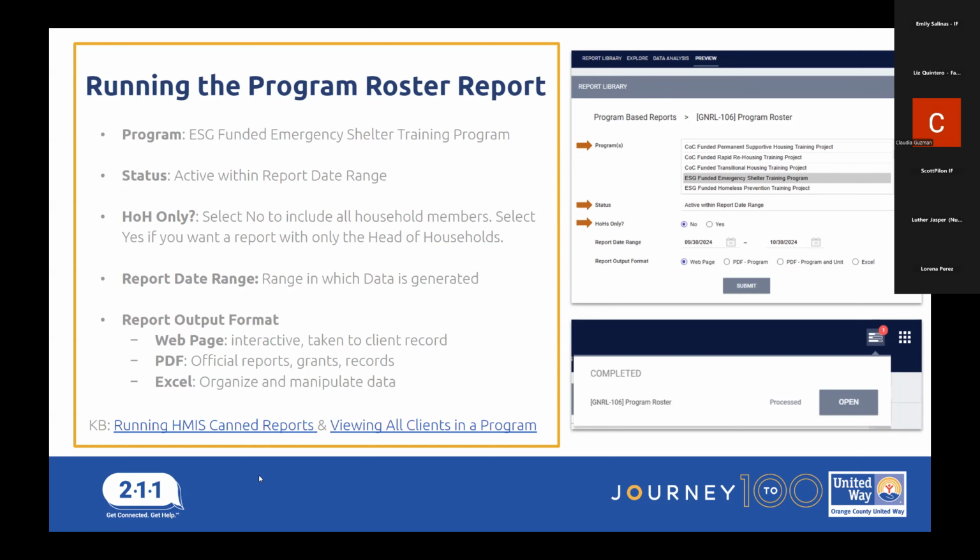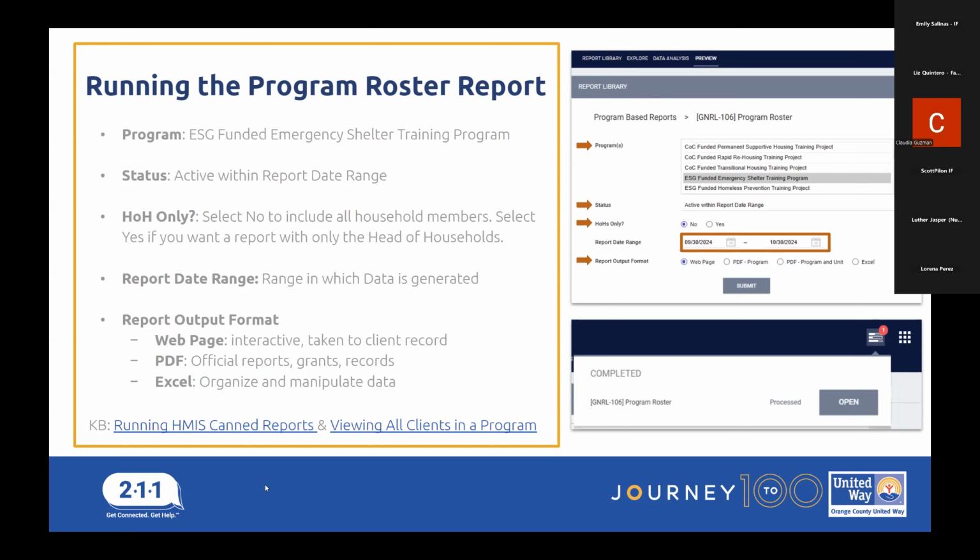For this training, we will use active within report date range, and I will do September 30th, 2024 to October 30th, 2024, since that's when our client was enrolled in our project. The output gives us three options, which will include web page, PDF, Excel.